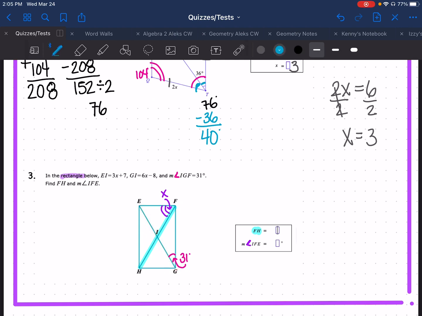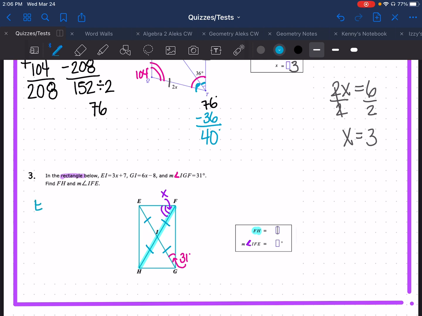So I'm going to go back and look at my properties of diagonals, and it says that they bisect each other. That means that this part is equal to this part. I also, as I read through my properties, they say that the diagonals are congruent. So this part and this part are equal because that's true in a rectangle. So all of these parts are equal.